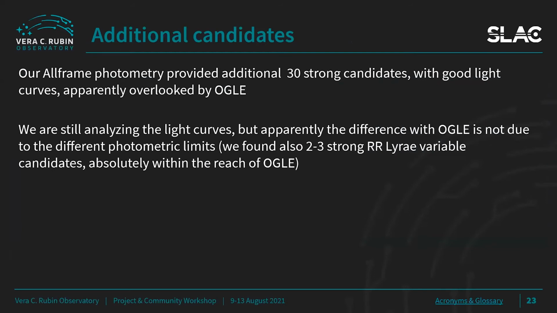And we are still analyzing the light curves, but this mismatch with OGLE probably is not due to the different photometric limits, because we found also two or three strong RRa variable stars missed by OGLE, and that in principle should be absolutely within the reach of OGLE.